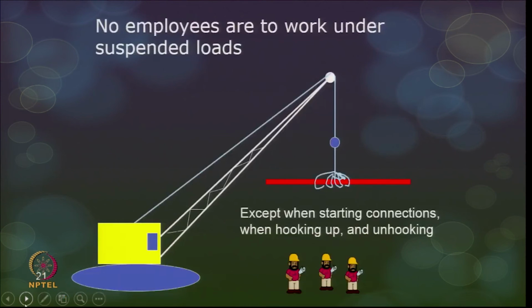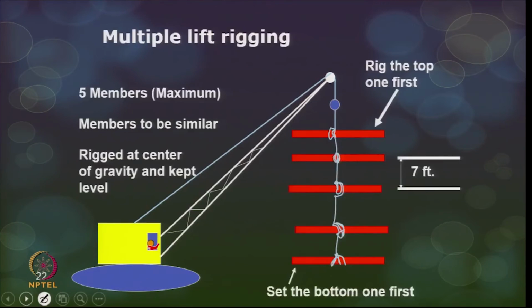No employees are supposed to work under suspended loads except when doing the starting connections, when hooking up and unhooking, or while moving concrete buckets. Multiple lift rigging is allowed, but you have to be very clear about which members you are rigging.